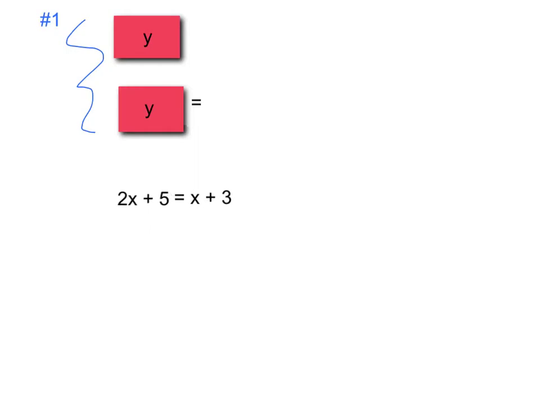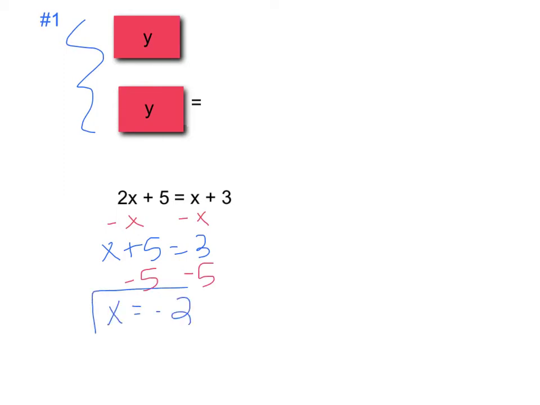And I can solve this equation for the value of x. So if I subtract x from both sides, I'm left with x plus 5 equals 3. I can subtract 5 from both sides, and I'm left with x equals negative 2.